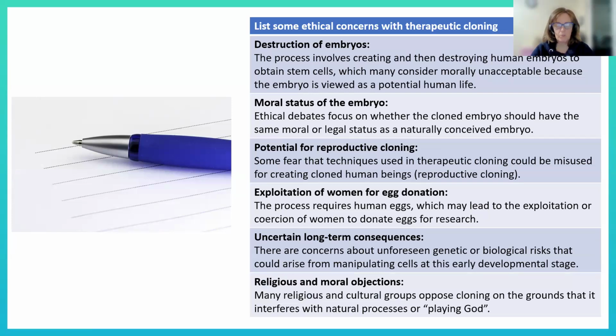And then there's a lot of people that just think this whole process interferes with nature, and you're playing God by using this technology. Obviously not everyone believes in God, but it's a big deal for a lot of people who do.